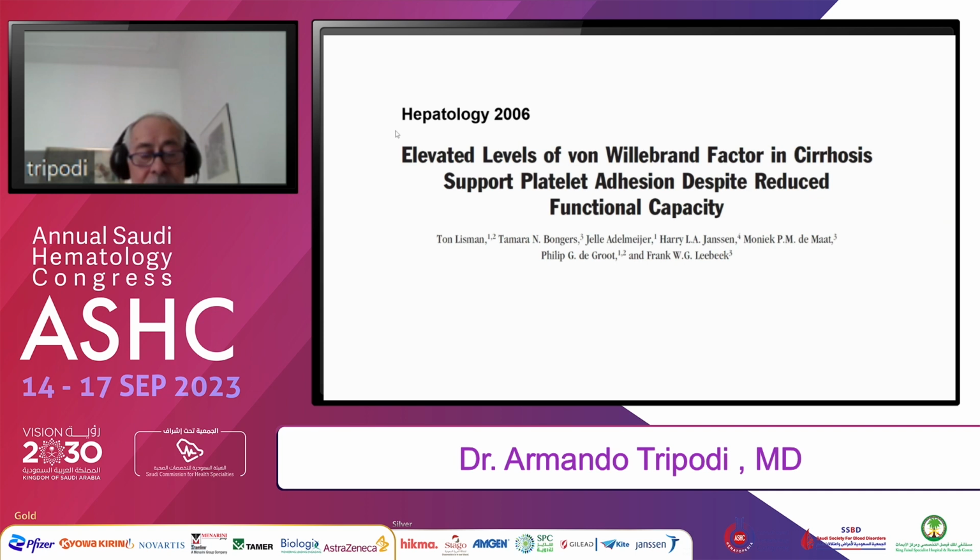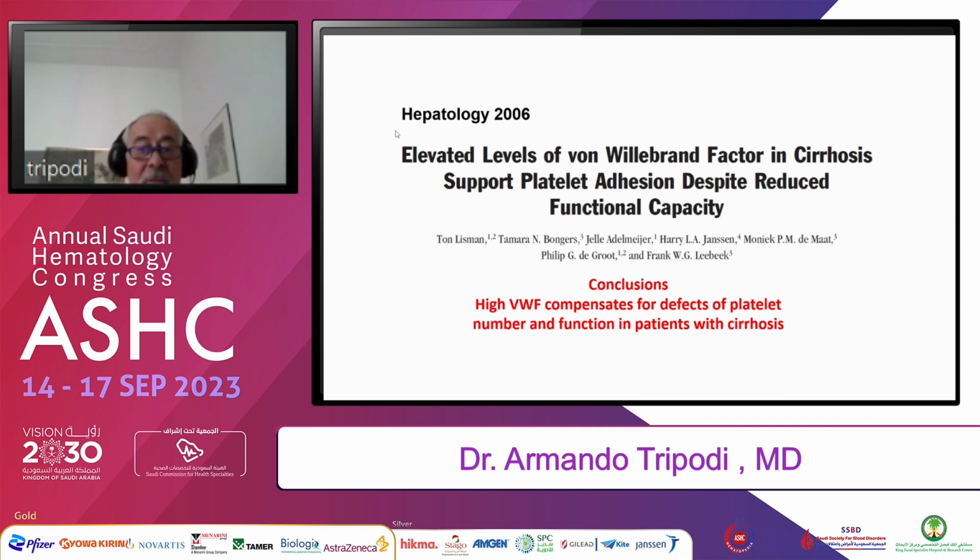So Tom Lisman, again, some years ago, provided evidence that elevated levels of von Willebrand factor may compensate for the function of a reduced number of platelets in cirrhosis. In other words, patients with cirrhosis are thrombocytopenic, but because of the increased levels of von Willebrand factor, which is the adhesive protein, this defect is partially compensated.